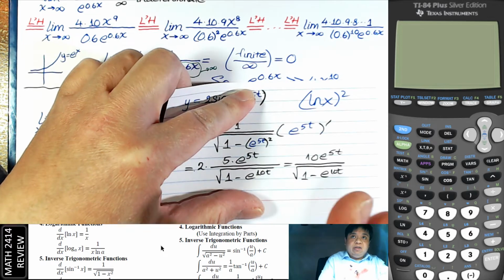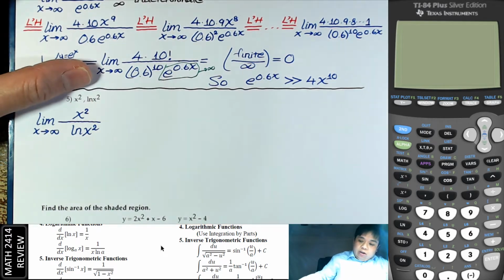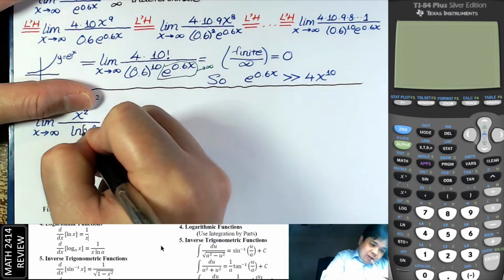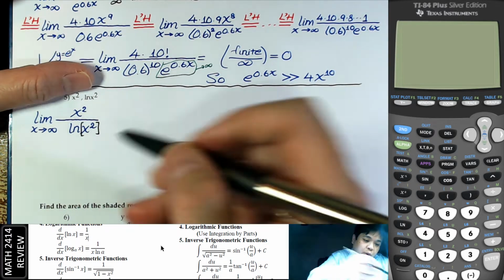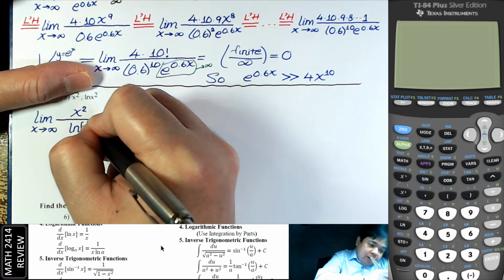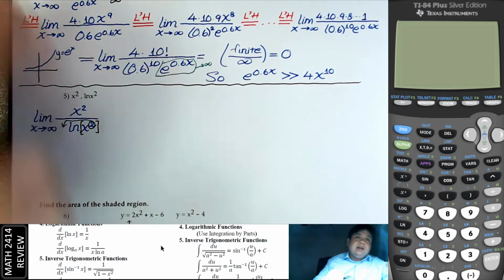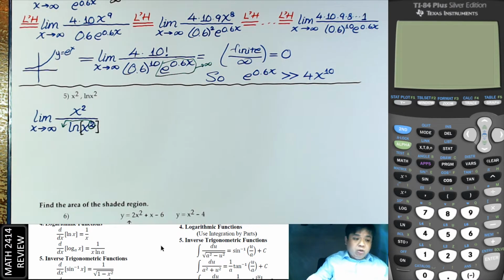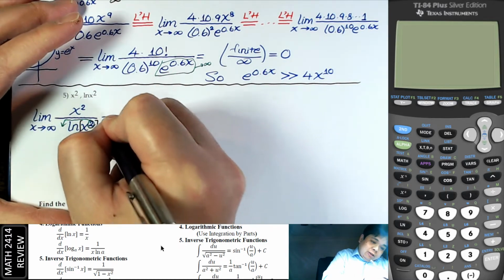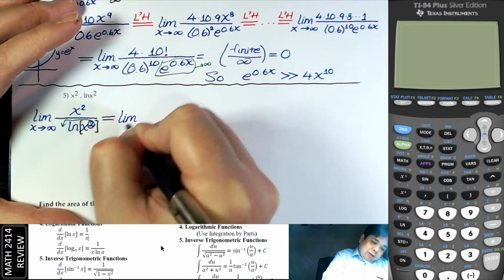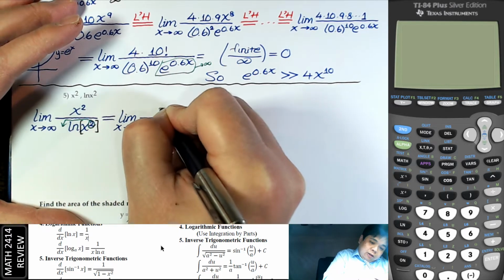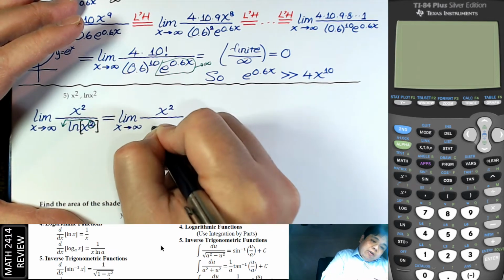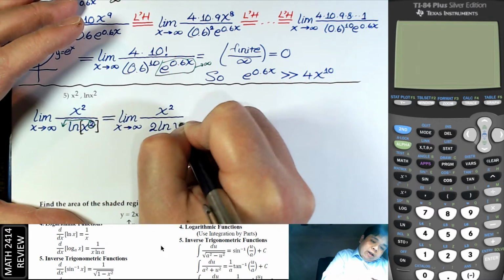That completely different things. Now this is the square only on the x. For that, we can bring down the coefficient. So let's just rewrite the problem. Then we have 2 ln of x.